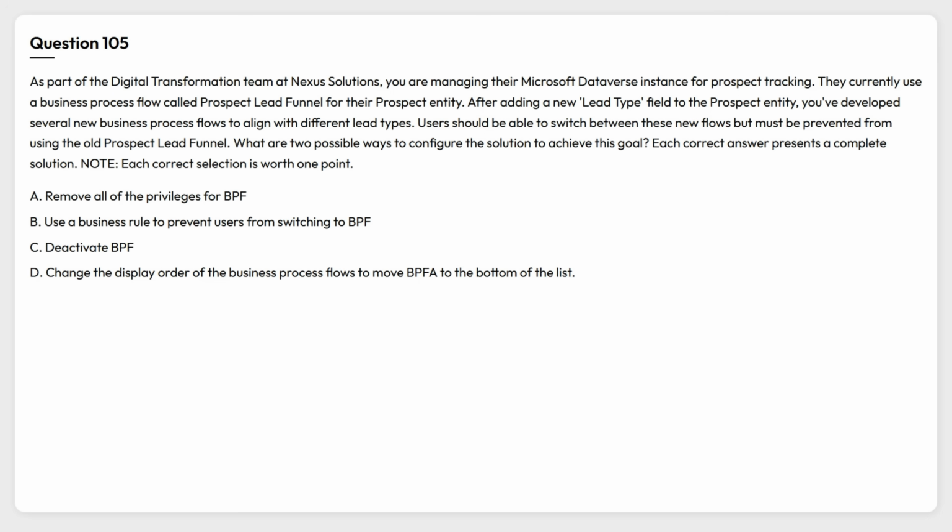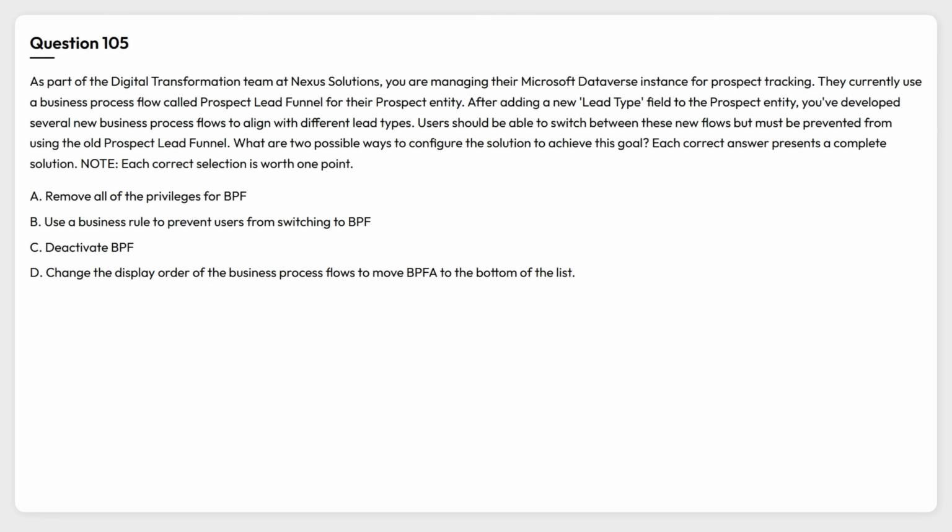After adding a new lead type field to the prospect entity, you have developed several new business process flows to align with different lead types. Users should be able to switch between these new flows, but must be prevented from using the old prospect lead funnel. What are two possible ways to configure the solution to achieve this goal?